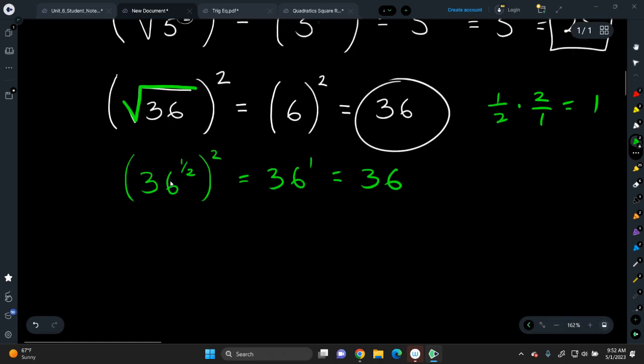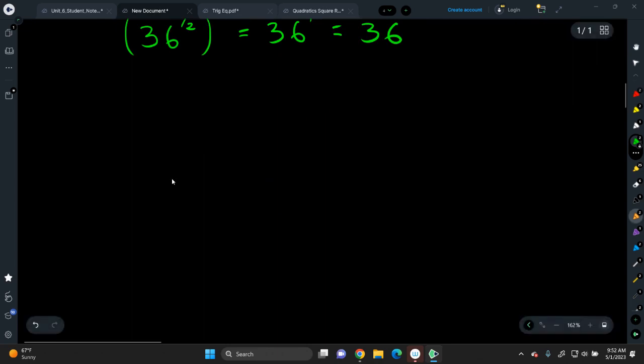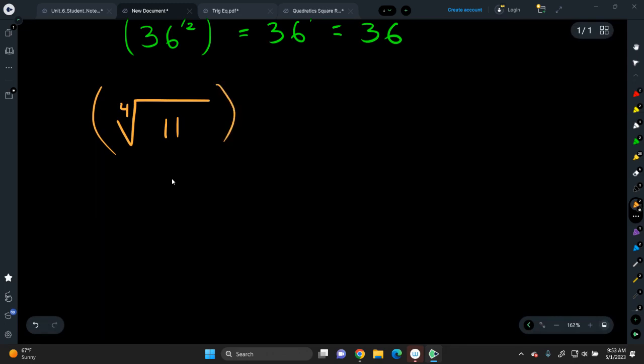Question so far? How about the 4th root of 11 to the power of 2? Okay, we work inside the parenthesis first.